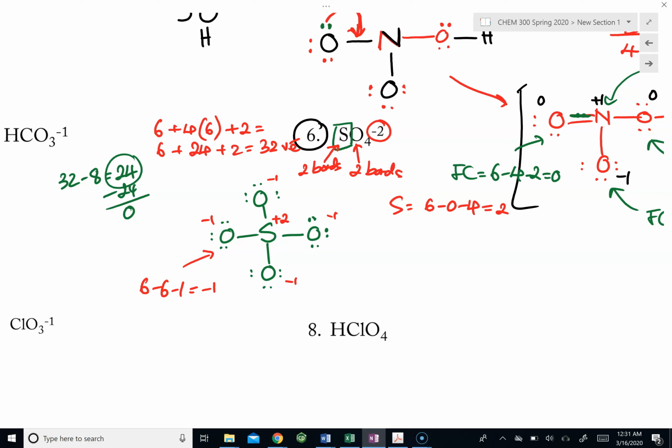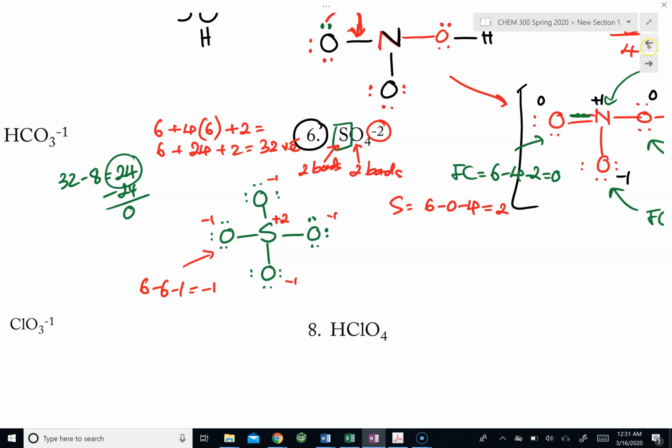Now, are we finished with this? Or is there something else that we need to do? Here in this case, the central atom has a positive formal charge. And if we remember our guideline earlier, anytime we have a central atom that can exceed octet and it has a positive formal charge on it, then we need to form more double bonds to it until it is no longer positive.